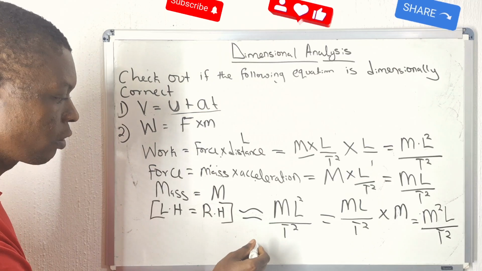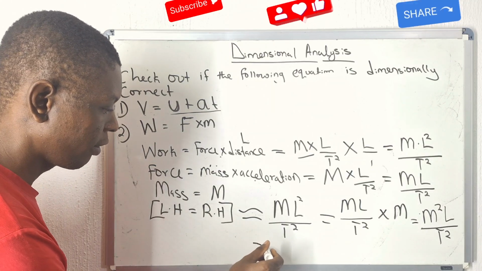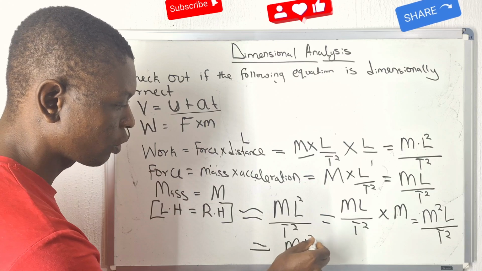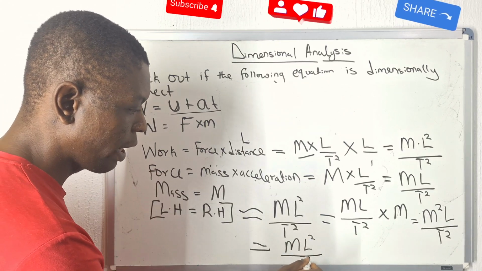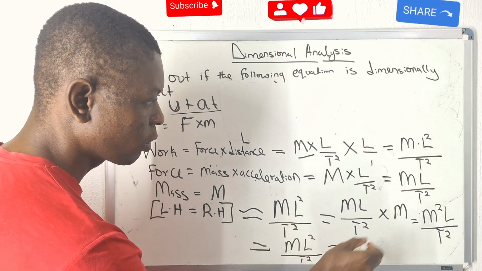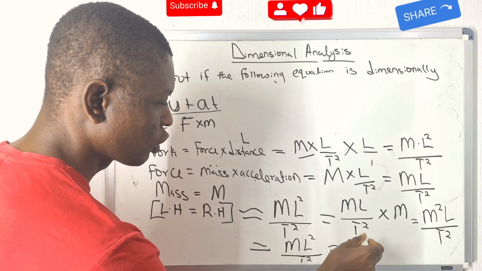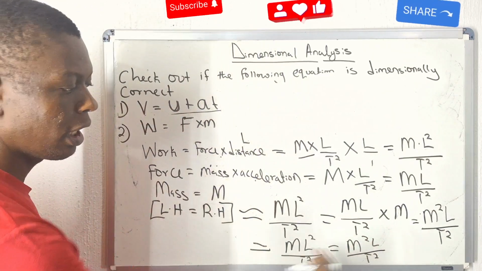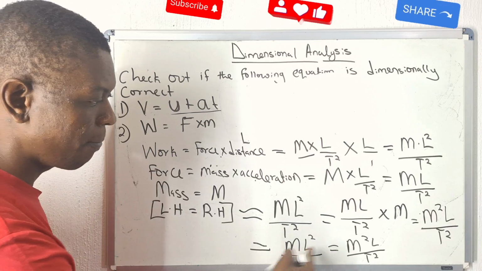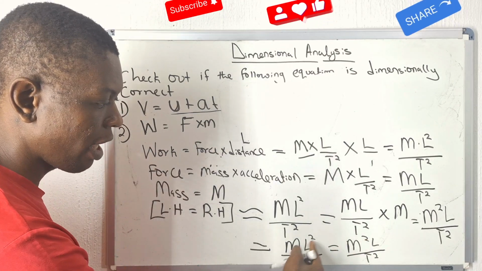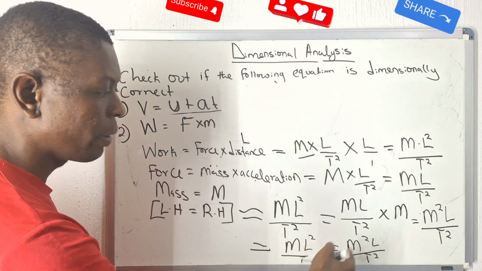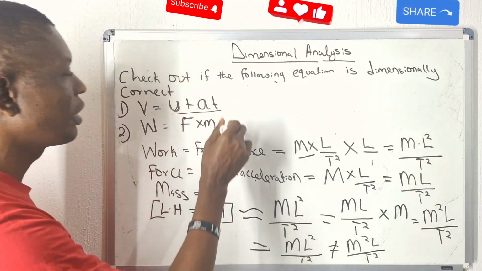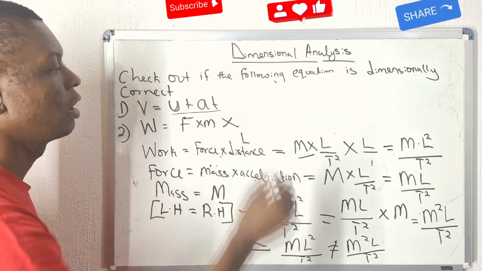So in the end, we have M L squared over T squared on the left, and M squared L over T squared on the right. Are these two the same? Here we have M, but there we have M squared. Here we have L squared, but there we have L. So they are not dimensionally the same. Therefore, this formula is not correct.